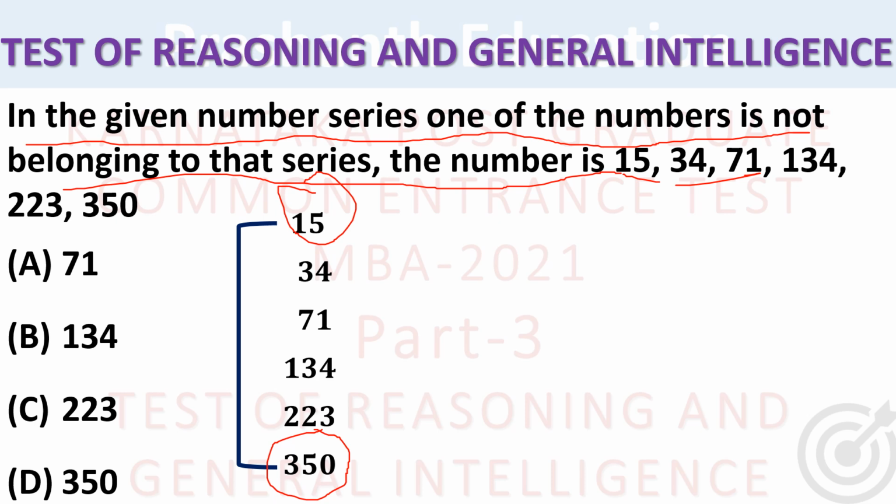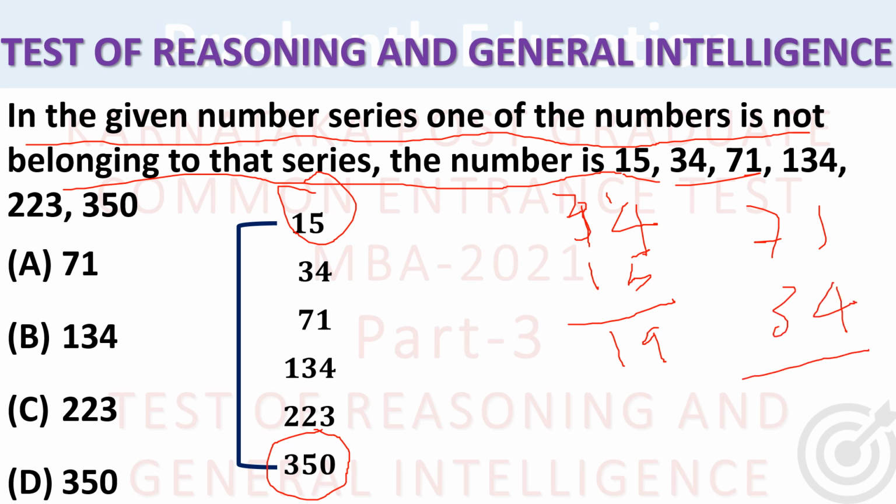Now before we go, let's see the difference. Is any difference there? 34 minus 15 comes to 19. Then 71 and 34, see what's the difference, it is 37.